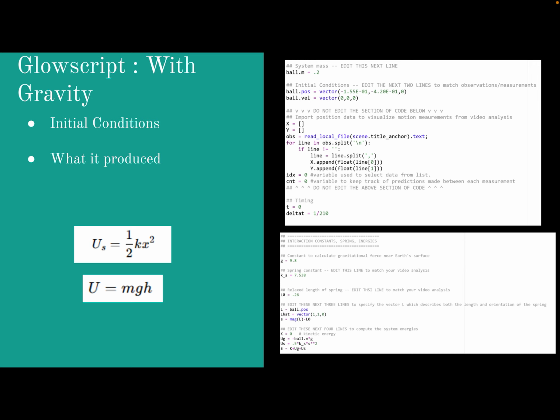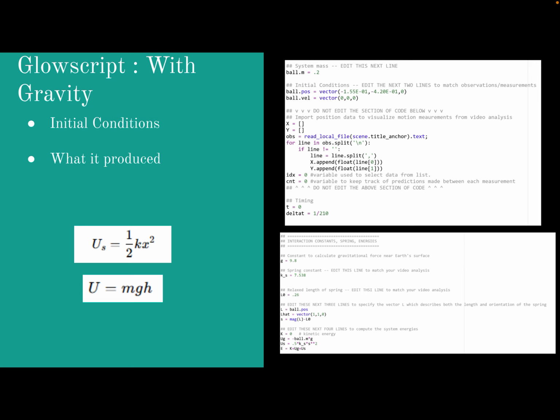The first part of the code is where we initialize most of our variables. We first initialize the mass, and then we initialize the initial conditions of our weight, which was the initial position and the initial velocity, as you can see. In the second photo, we initialized the gravitational constant and then our spring constant that we found. We then put in the rest length of our spring and then the stretch length as it was released.